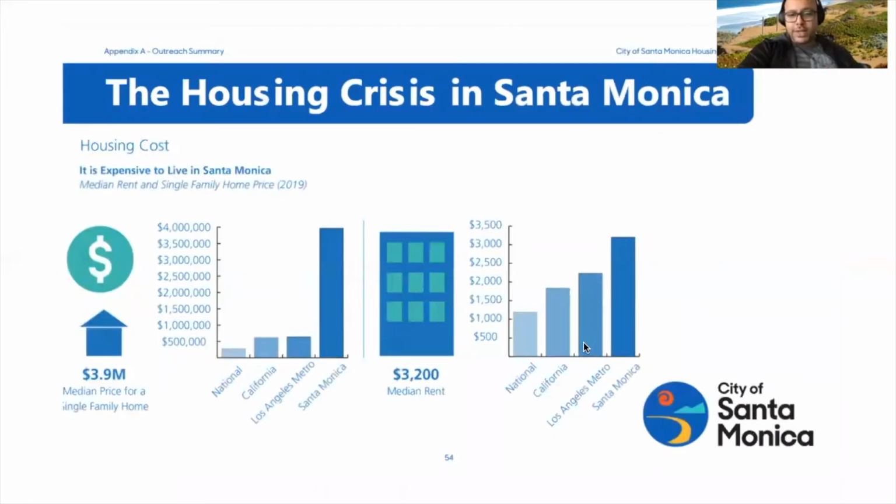Very quickly, because I know I've taken a lot of time, the median rent in Santa Monica is $3,200 a month. So 50% of people pay more than that, and 50% pay less. $3.9 million is the median home price in Santa Monica.